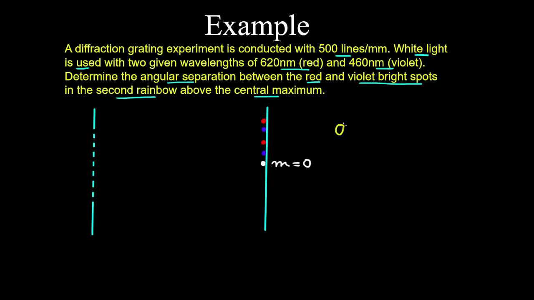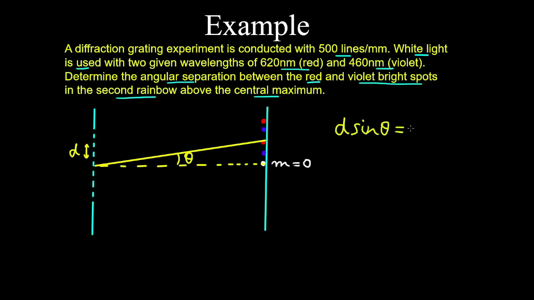And that's in accordance with this formula, being the distance between the gratings multiplied by the sine of the angle from the horizontal line of the central maximum to a point on the screen that we're looking at. And that's equal to the mth order of brightness by the wavelength of light.